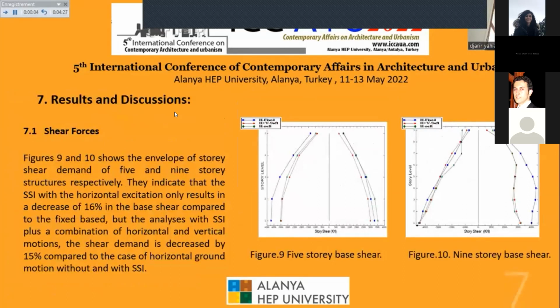7. Results and discussions. 7.1 Shear forces. Figures 9 and 10 show the envelope of story shear demand of 5 and 9-story structures respectively.